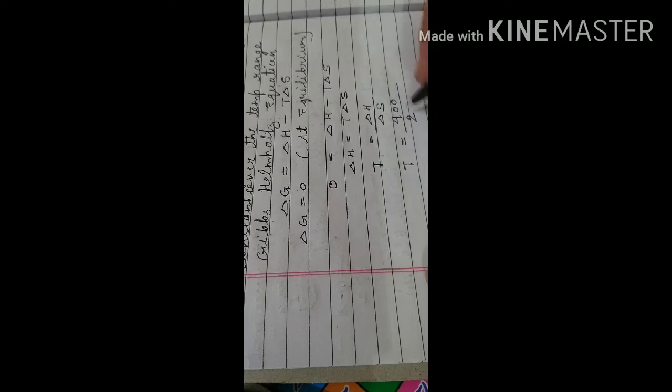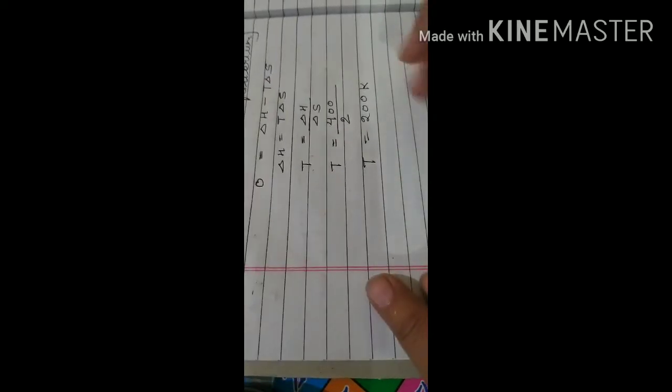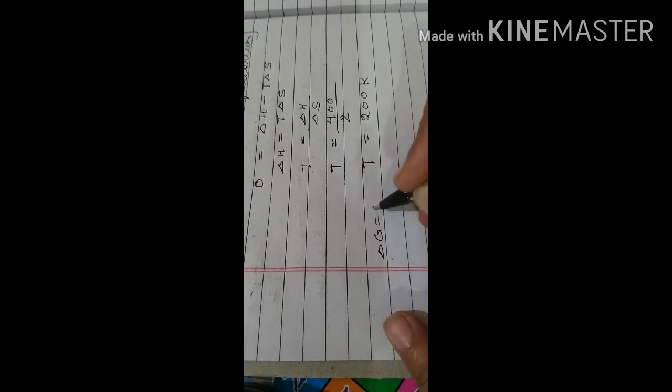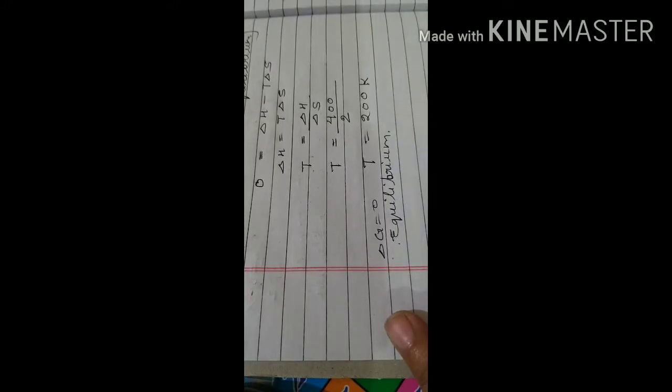T is equal to 400 divided by 2, so you will get T equal to 200 Kelvin. This temperature shows that delta G will be 0, which means this is the condition for equilibrium. But we have to find out when it will be spontaneous. For spontaneous, delta G must be less than 0.